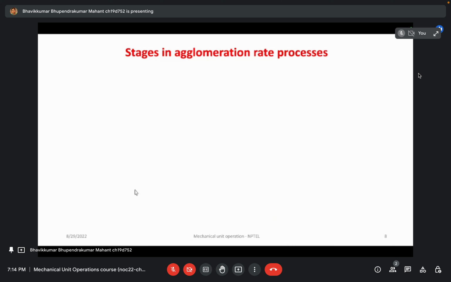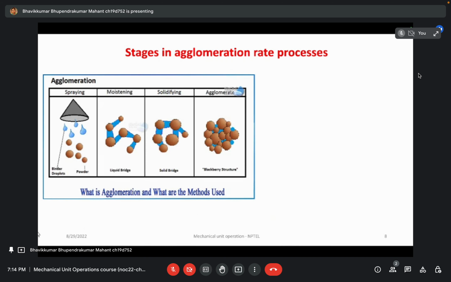Now, what are the different stages in the agglomeration rate processes? Here, as you can see, these are the basic steps which I include over here. We can start from the spraying.